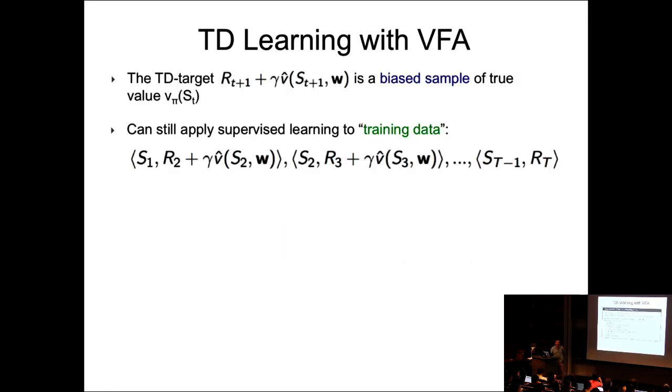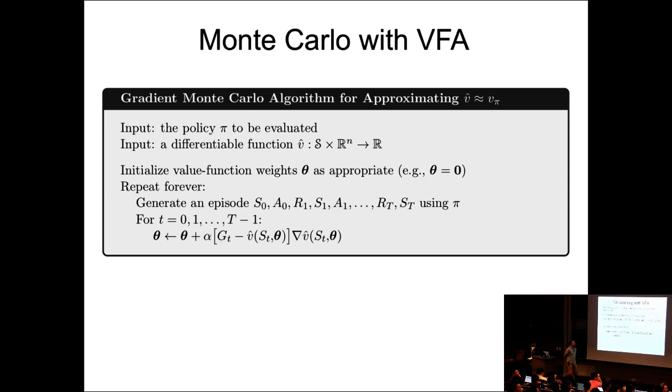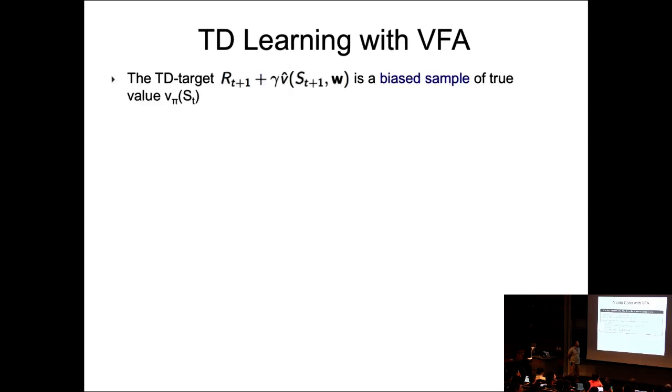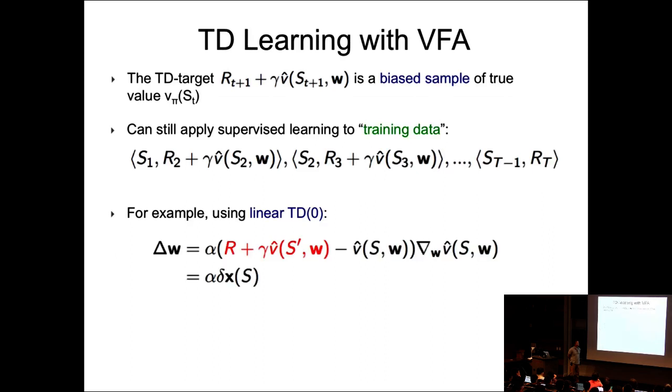Yes? In the previous slide, the gradient, should it also not have the... The next slide, sir? Yeah, for the TD learning. Yeah, the gradient update, should it also not have v hat s prime comma w?